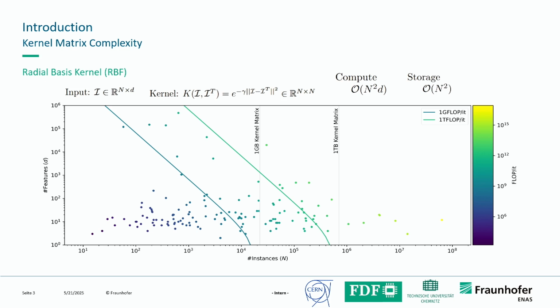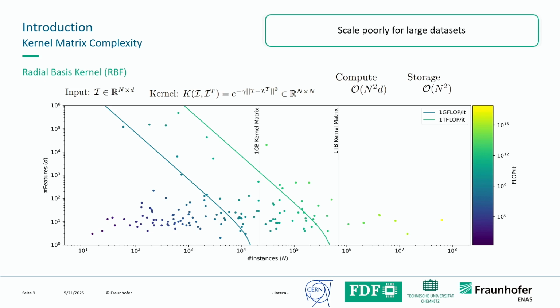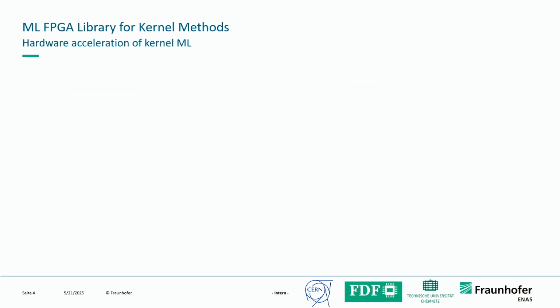This is the 1 terabyte of RAM you need just to store the kernel matrix. And the curved line here is the 1 teraflop you need to compute the kernel matrix. So in short, kernel matrices are really hard to deal with, just like Verilog, I think.